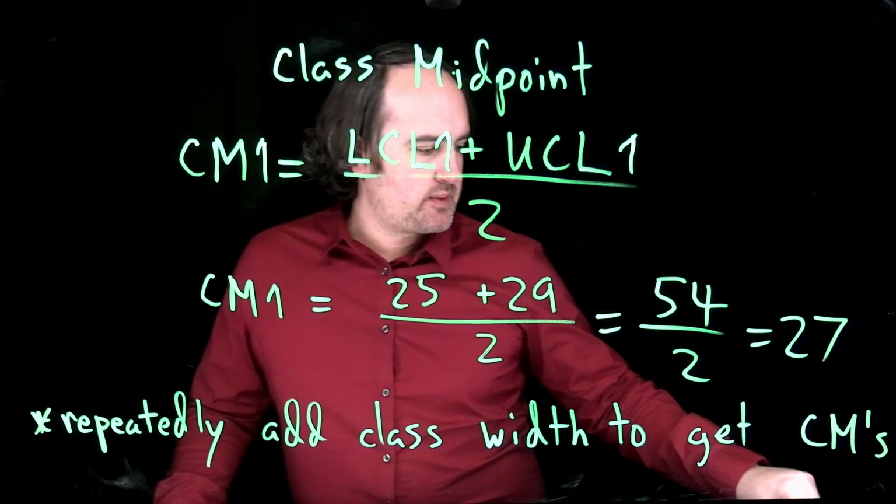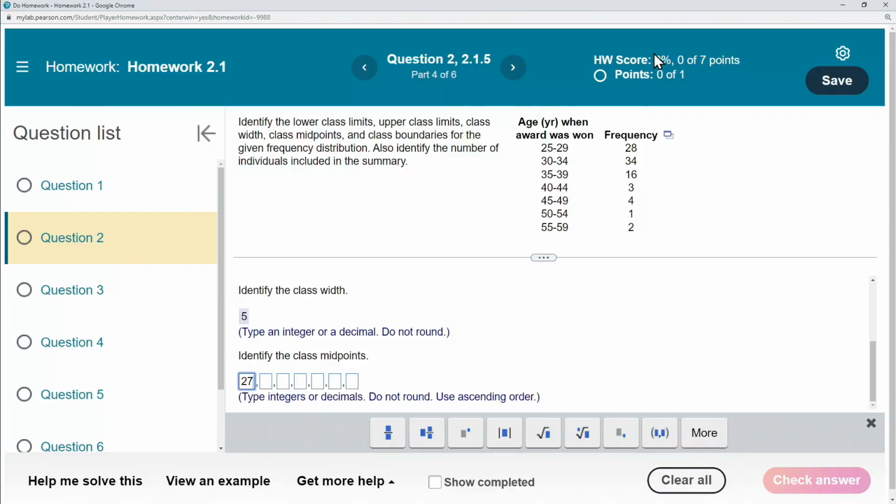Okay, so the first one, on my calculator, 27 plus 5 is 32. So I type in 32, and then I'm just going to keep adding 5 over and over again, because that's the class width, to get all the class midpoints.